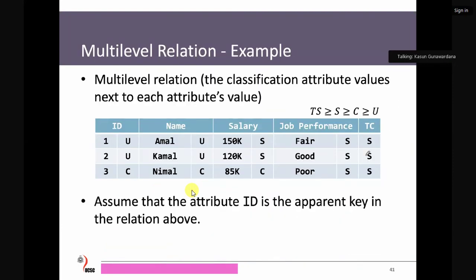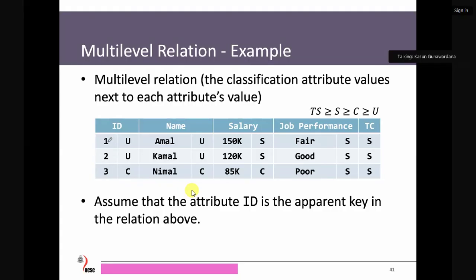Right, as an example, let's say a typical multi-level relation. The classification attribute values are next to each attribute value, right? So columns: ID, name, salary, job performance, and the tuple classification.